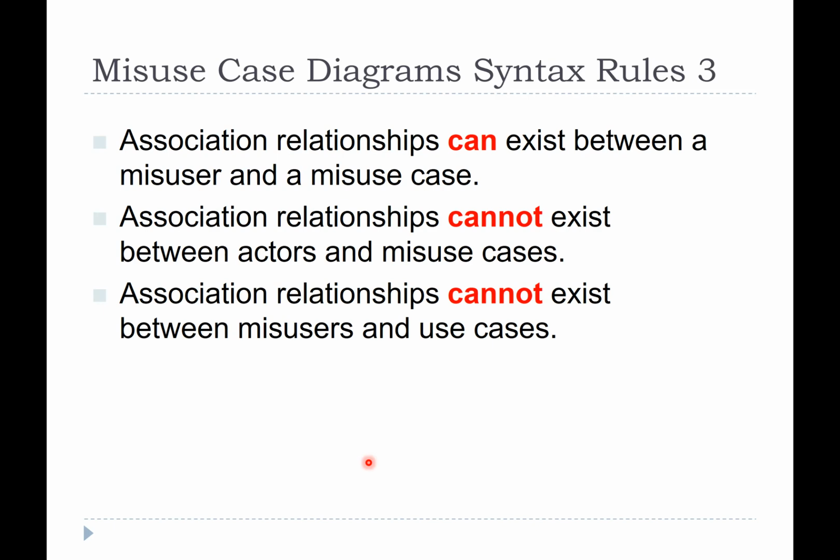So mixing and matching is not allowed. The only time the world of misuse touches the world of use case and vice versa is through the threatens and mitigates relationships. And threatens points just from the misuse case world to the use case world, and the mitigates relationship can only point from the use case world to the misuse case world.